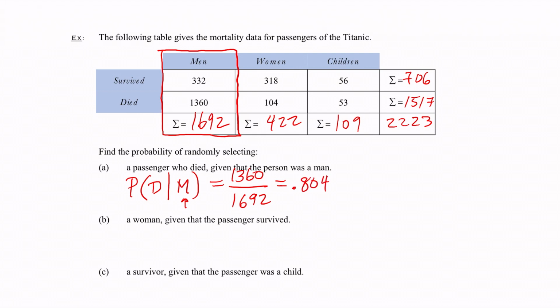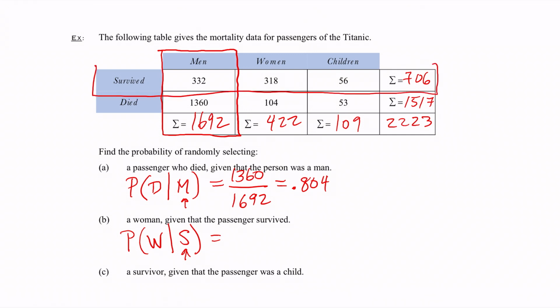The next one was the probability that we select a woman given that the passenger survived. And given that the passenger survived, we're going to focus on just that first row of all the passengers that survived.